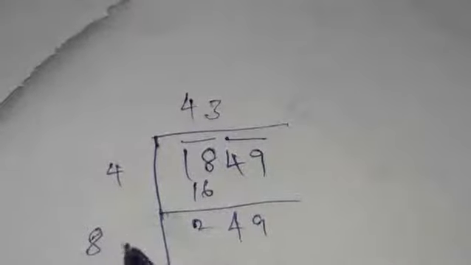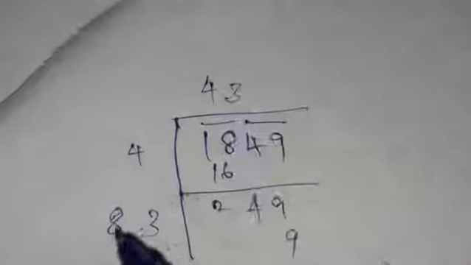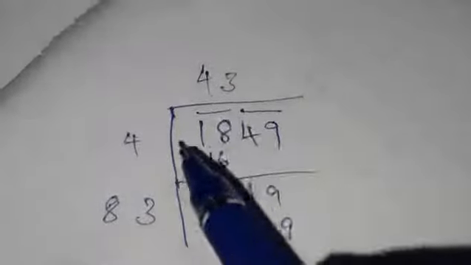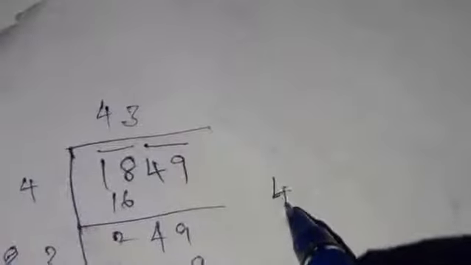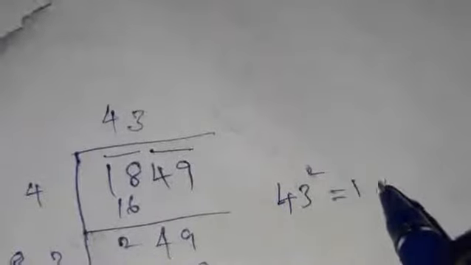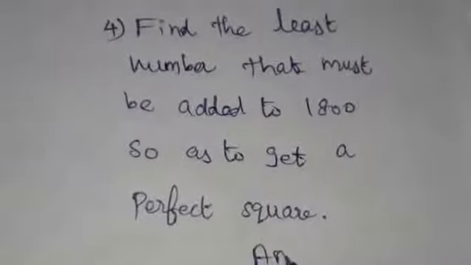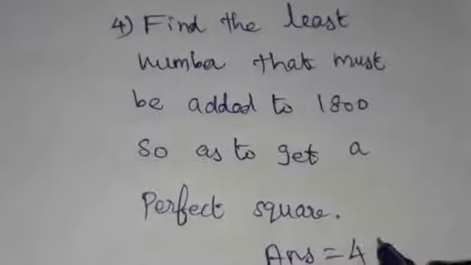Next, write the number 3 in the quotient and in the blank space. 3 3s are 9. 3 8s are 24. So 43 square equal to 1849. So the answer for this question is 49.